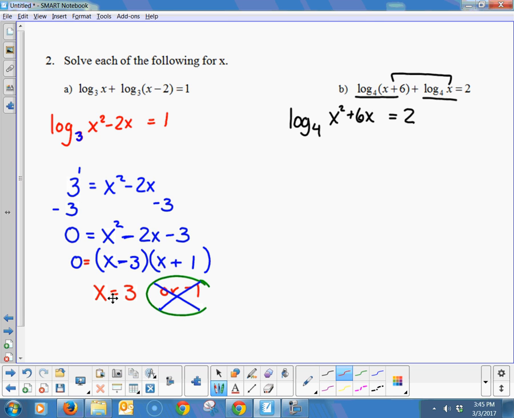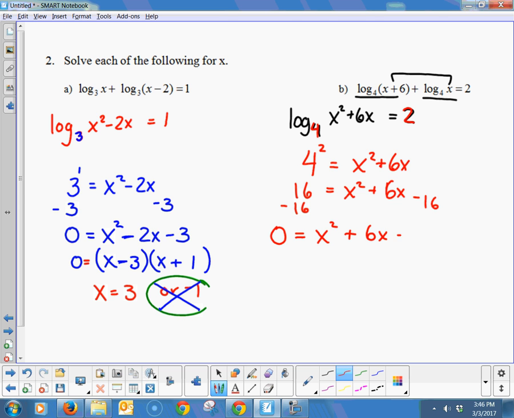And rewrite this in exponential form. 4 to the 2 equals x squared plus 6x. 4 squared is 16 plus 6x, and then we can subtract the 16 from each side. And I get 0 equals x squared plus 6x minus 16.